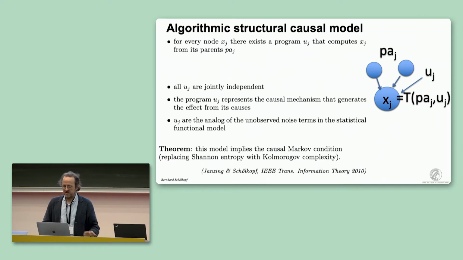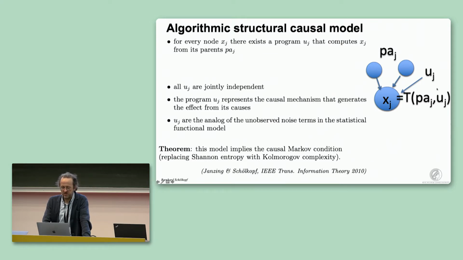Now, we can do something different. Rather than making the unexplained variables random variables, we can instead make them independent bit strings, where we measure independence in terms of what's called algorithmic information. So we have a directed acyclic graph where we have a computer program, U_i, on each node, running on a Turing machine, T, and taking as input the outputs of its parents, so the results of other programs running on the other nodes.